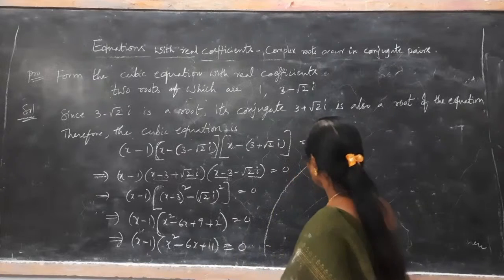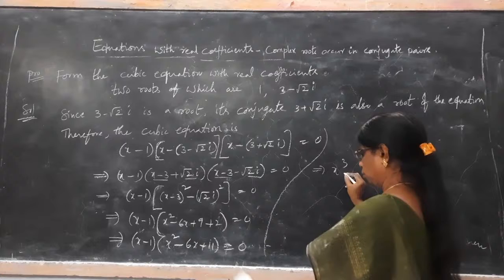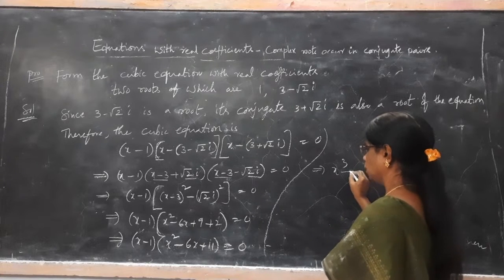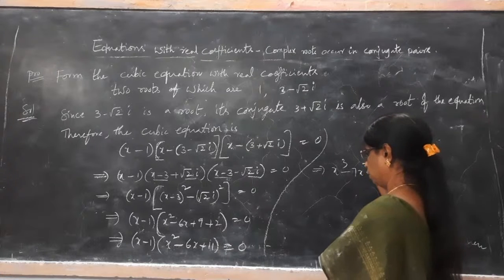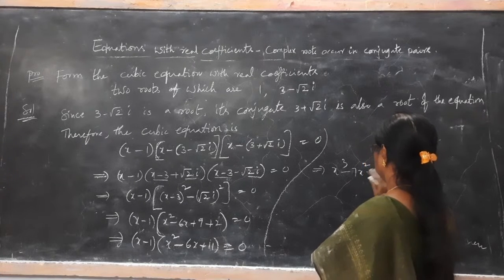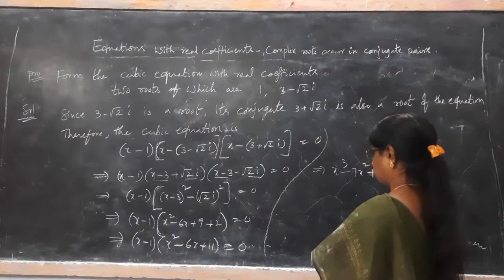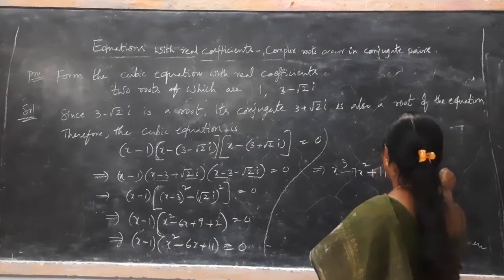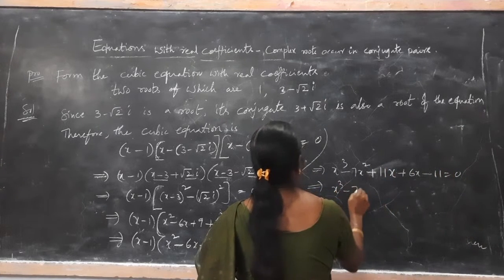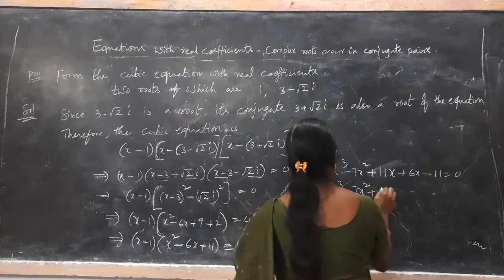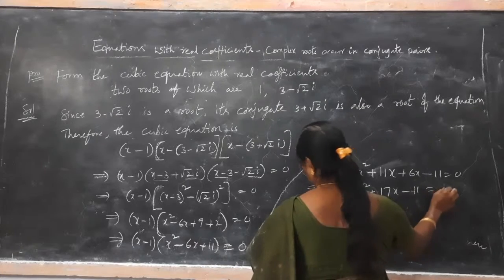See here, so this is x cube minus 6x square minus x square plus 11x plus 6x minus 11 equal to 0. This implies x cube minus 7x square plus 17x minus 11 is equal to 0.